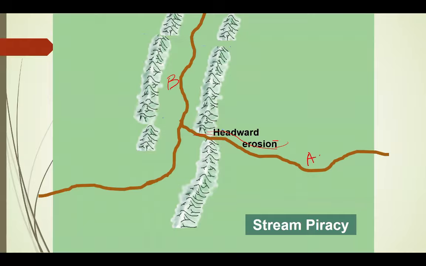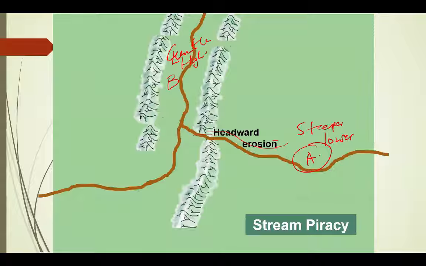And then when the two rivers join, the water will now be flowing to the lowest point, which means river A is on a steeper gradient, but at a lower lying area. This one is on a gentle gradient, but on a higher lying area.